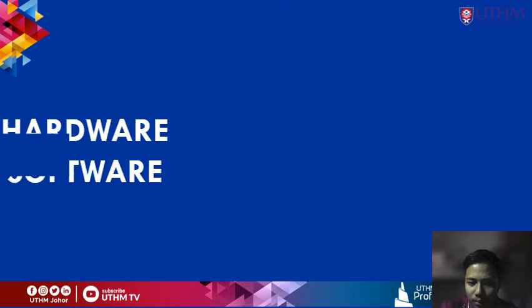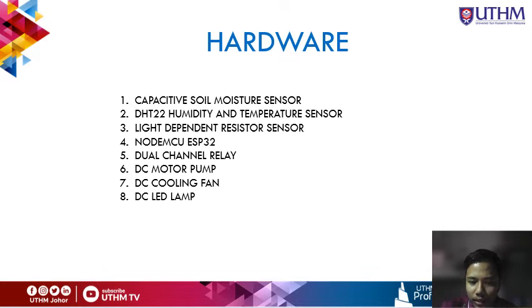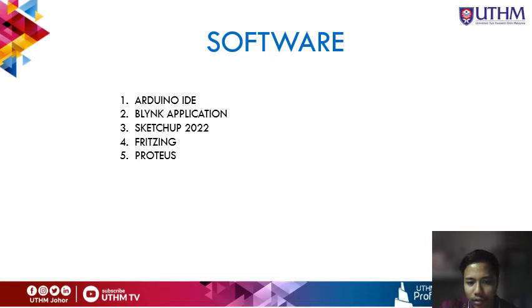For my hardware and software: a capacitive soil moisture sensor, DHT22, light dependent resistor or LDR, NodeMCU ESP32, dual channel relay, DC motor pump, DC cooling fan, and DC LED lamp. The software used is Arduino IDE, Blynk application, SketchUp 2022, and Proteus.